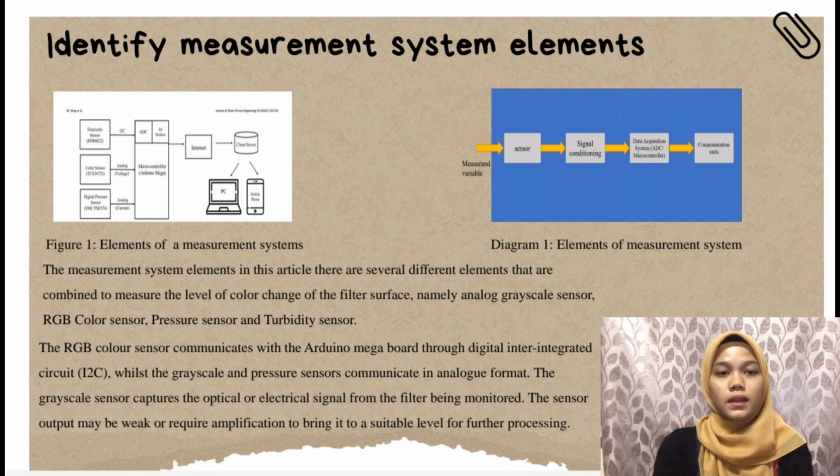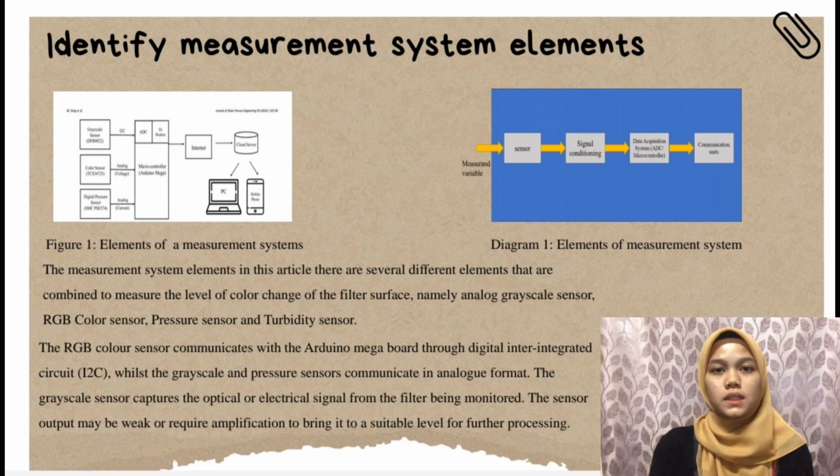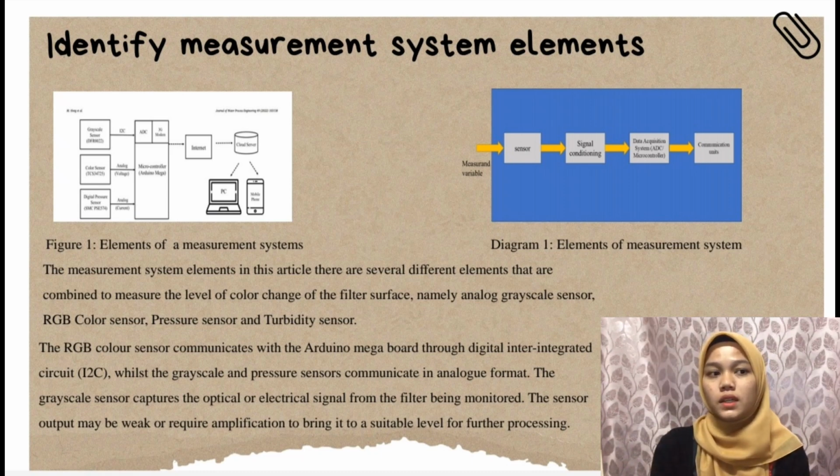Next is identify measurement system elements. In this article, there are several different elements that are combined to measure the level of color change of the filter surface, namely analog grayscale sensor, RGB color sensor, pressure sensor, and turbidity sensor.